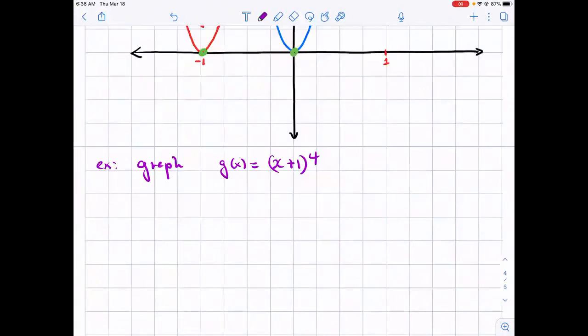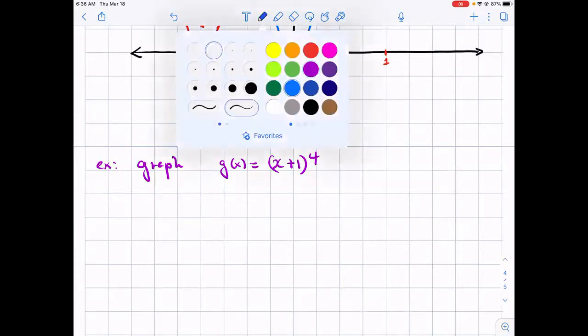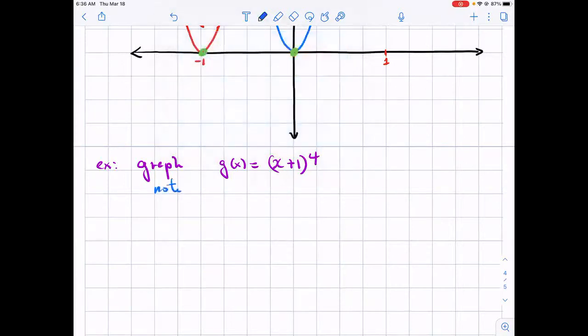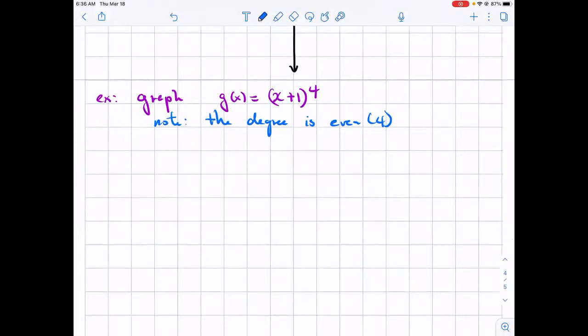So how about if we have to graph the function g of x equals x plus 1 to the 4th power. Note, the degree is even, 4 is even, so the graph is similar to that of x squared.